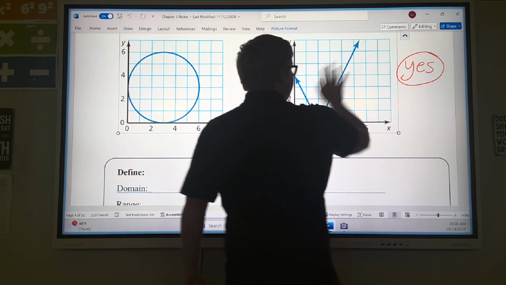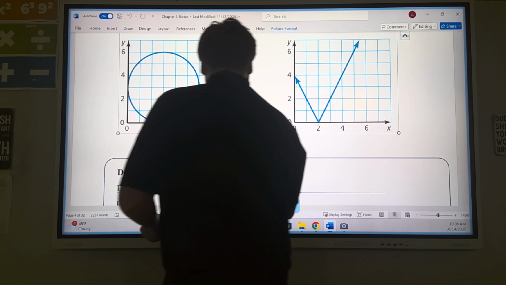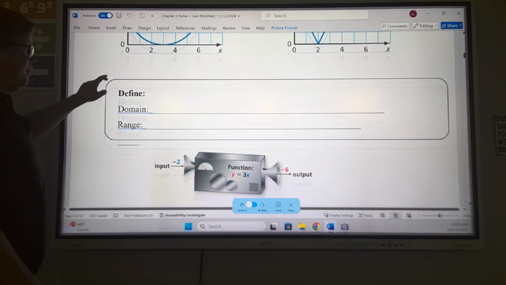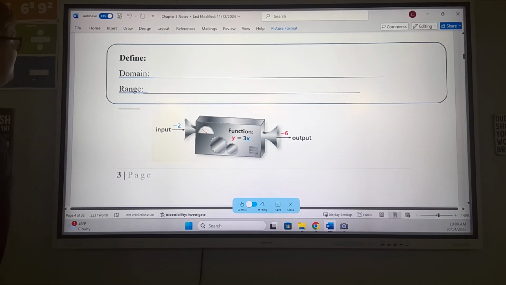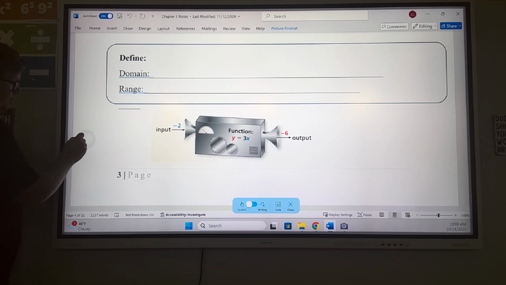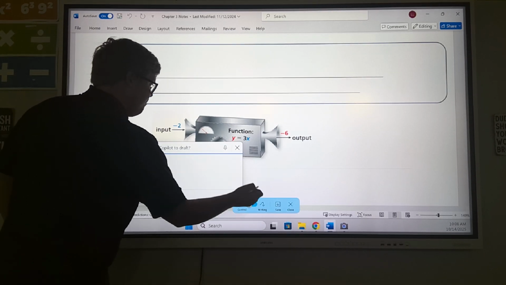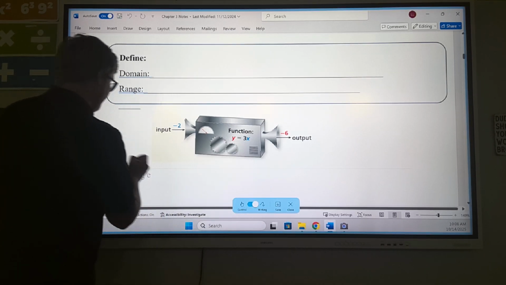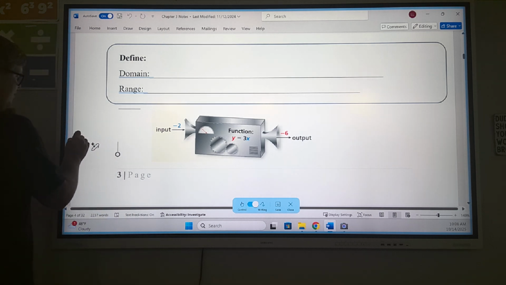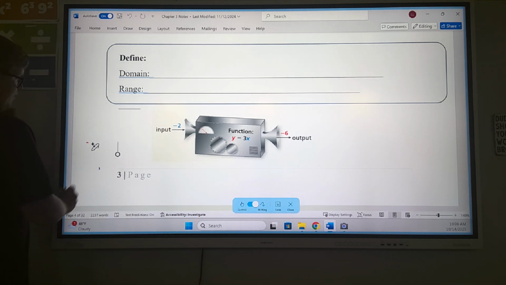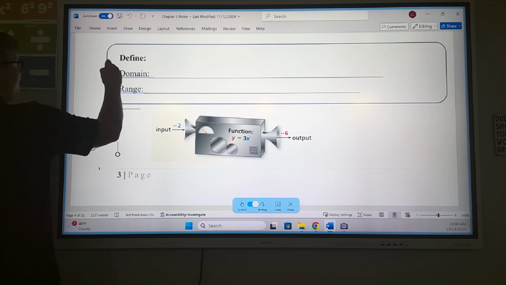Last thing we're going to talk about, and we will talk about this more tomorrow, is the domain and range. I'm going to give you guys a definition today, and like I said, we will talk about this tomorrow. We will talk about what the domain and range are. So the domain, typically it's x.